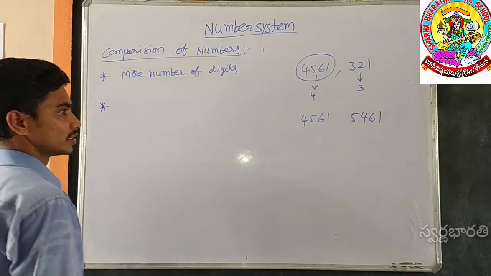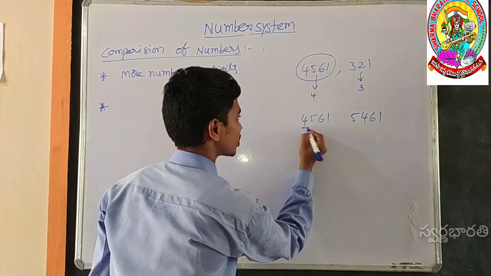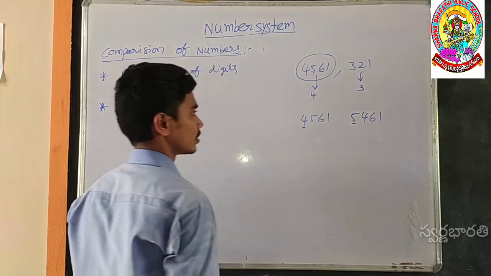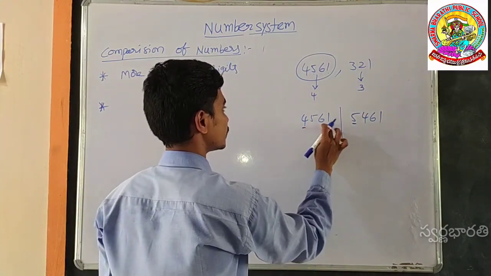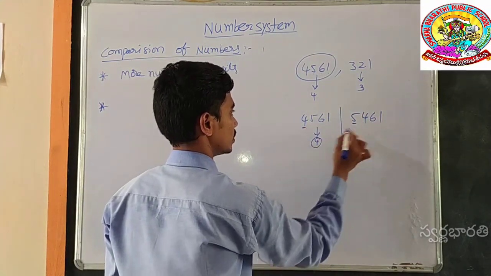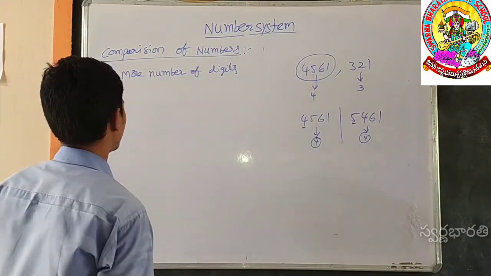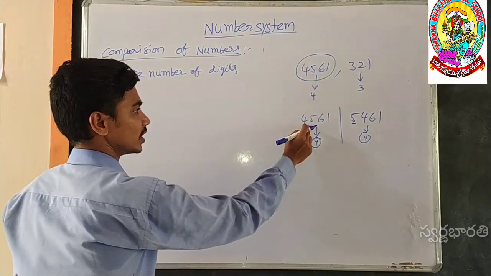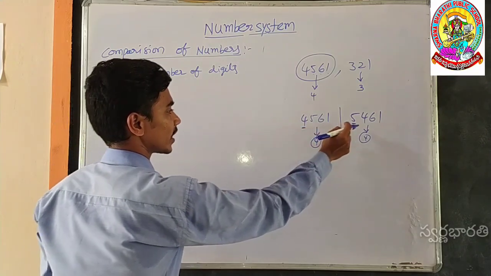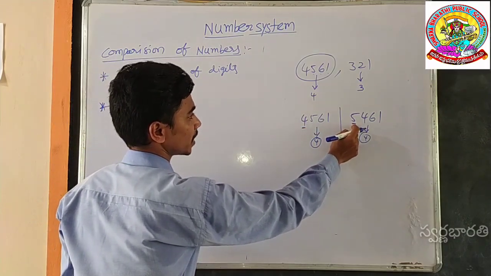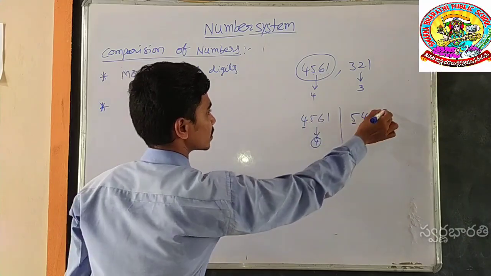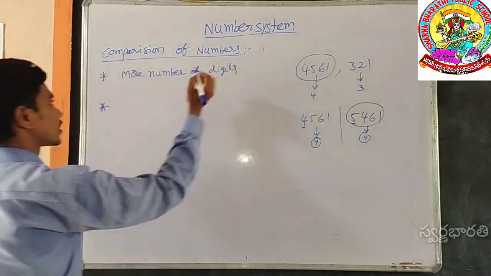By simply observing the extreme ends. Here the number has 4 digits, and this also has 4 digits. Then how can we decide? By using extreme digits. Here the extreme digit is 4, here the extreme digit is 5. Which is bigger, 5 or 4? 5 is bigger, so this is the greater number.